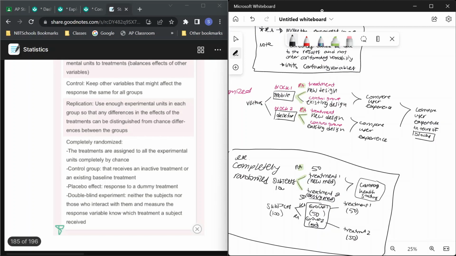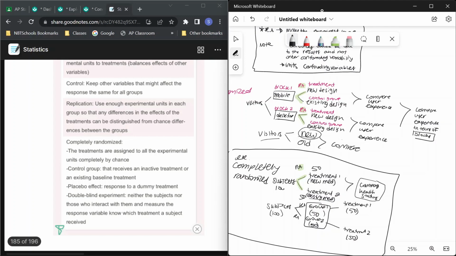Because this could be a confounding variable, something that affected the user experience, we made them into blocks. So instead of taking visitors and just randomly assigning them to the new design and the old design and then comparing results, we did the block, because we could have said, okay, visitors who went to the new design had a better user experience, but that could have been affected by the device that they were using while being on the new site.